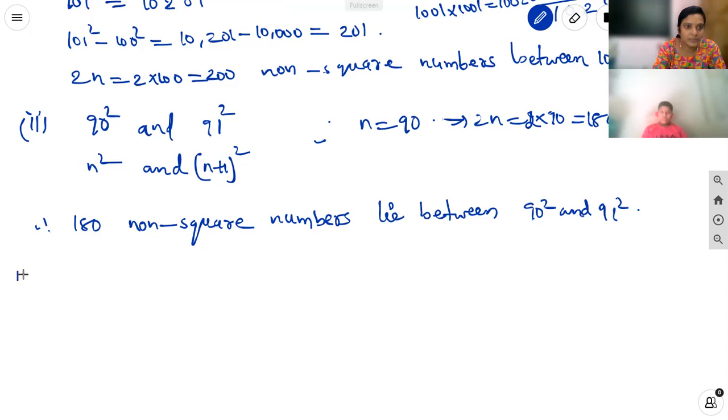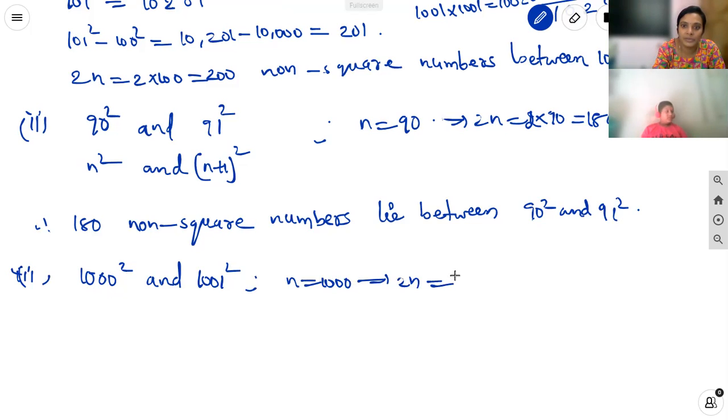The third question, 1000 square and 1001 square. Here n equal to 1000. From this 2n equal to 2000.